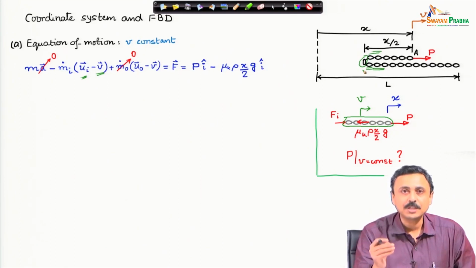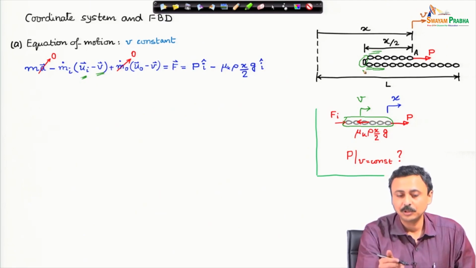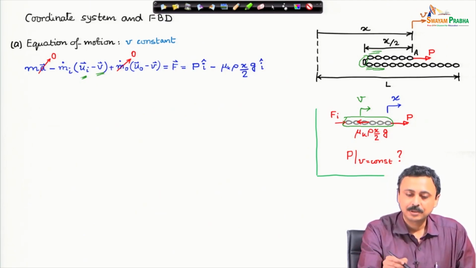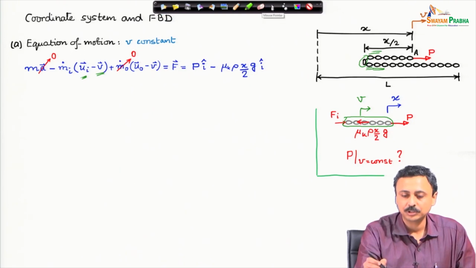Therefore, there must be some kind of impulsive force, because velocity can change this suddenly only because of impulse. But we will not directly calculate that; we are going to calculate it through this flow force.